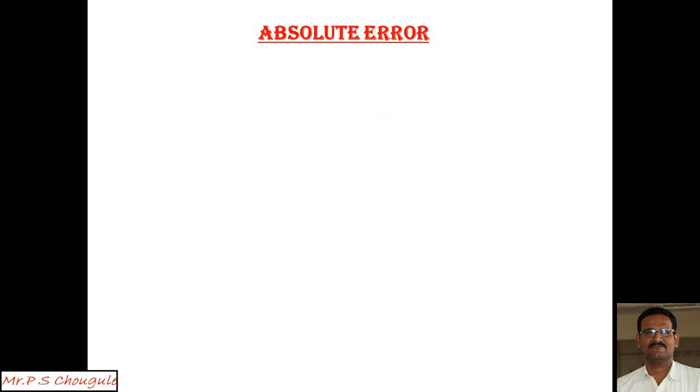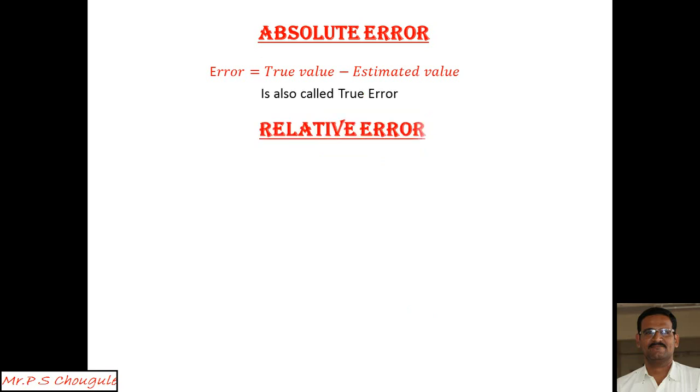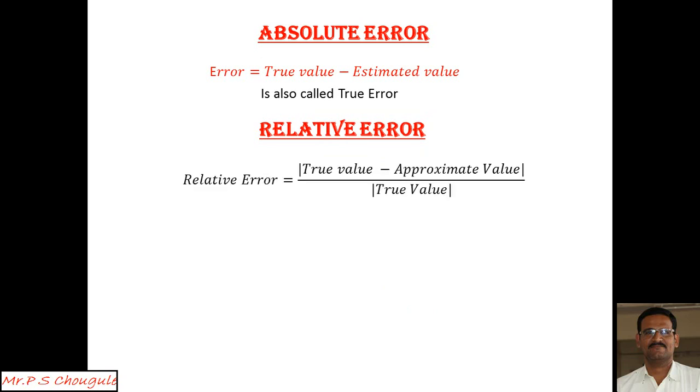Now the absolute error. Absolute error means the difference between true value and the estimated value. Sometimes we call it the true error also. Second part is the relative error. Relative error is equal to true value minus approximate value, or we can say absolute error divided by true value.